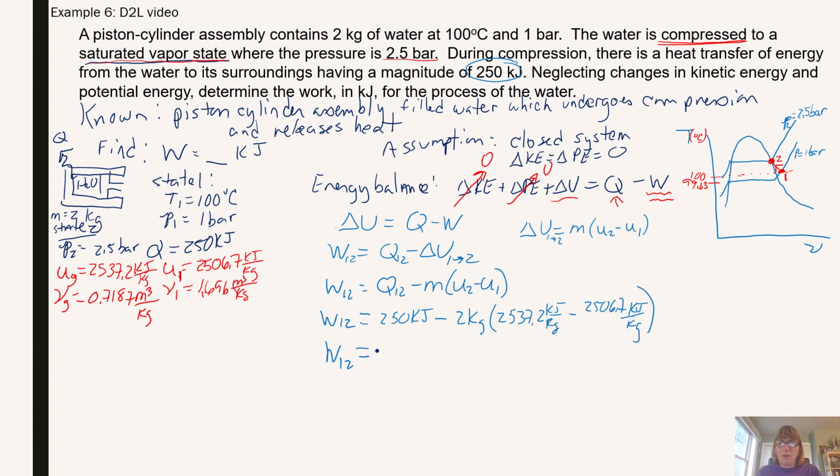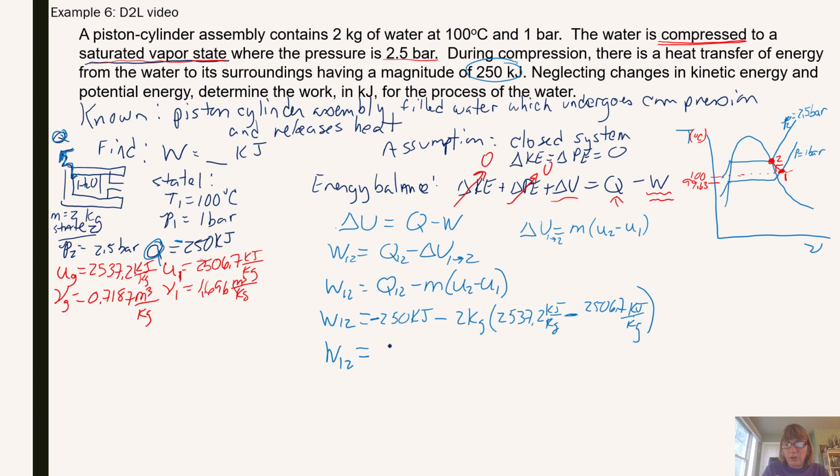Now we can calculate our work. And before we go any further, look at our Q. Our Q is going out. So we always have to make sure we have the correct sign on our Q. And because it is giving off heat, that is negative. So we've got to make sure we have our negative sign there. Now we can go ahead and do our calculation.